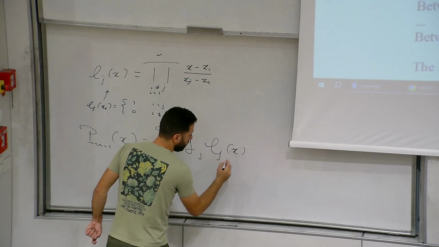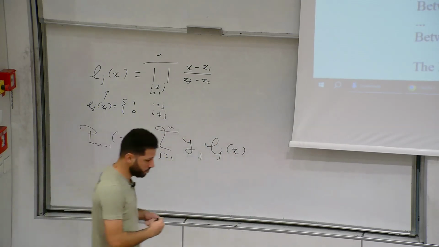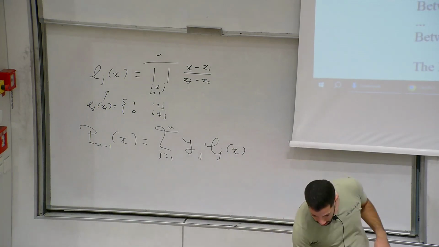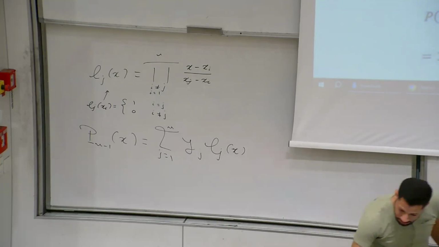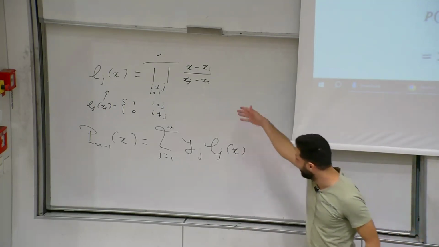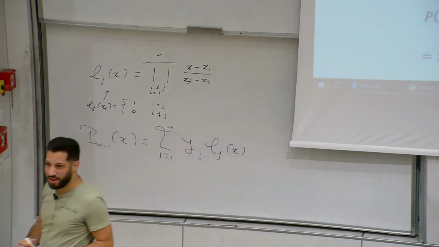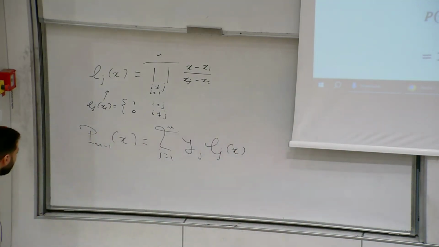Okay? So that is the Lagrange polynomial. You know it, but I think when we build it like this, it is more clear.